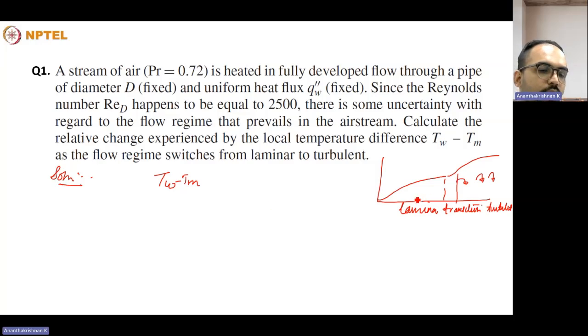For flow within the tube without any surface features or disruptions, 2300 is taken to be the transition Reynolds number. In this case, the Reynolds number is 2500, which is over the laminar range. It can be transition or turbulent. So we have to calculate T_W minus T_M turbulent divided by T_W minus T_M of laminar.